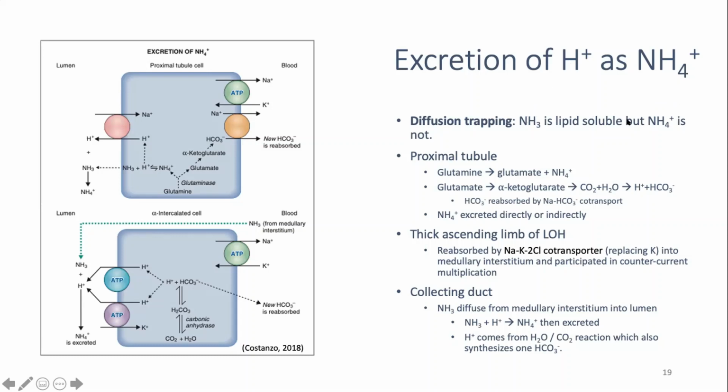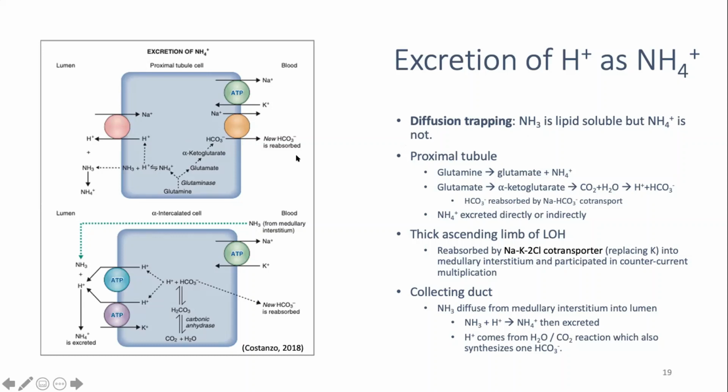It can accept one H+ to form the ammonium, right? But ammonia and ammonium have different solubility in lipid. Because of that, ammonia can easily cross the cell membrane, but not the ammonium. That is the advantage, because it leads to diffusion trapping, which will help the excretion of this ammonia.